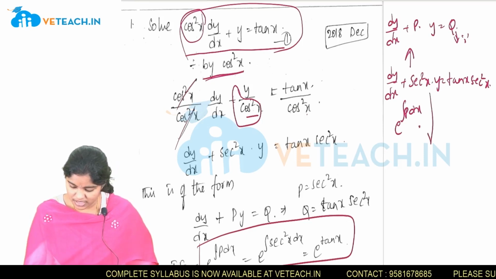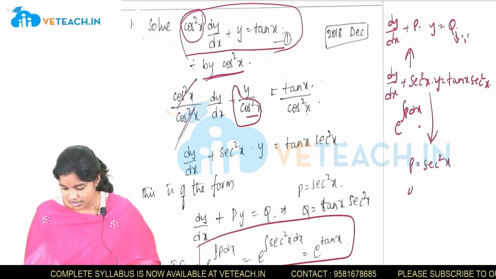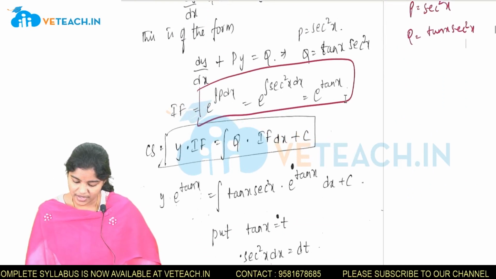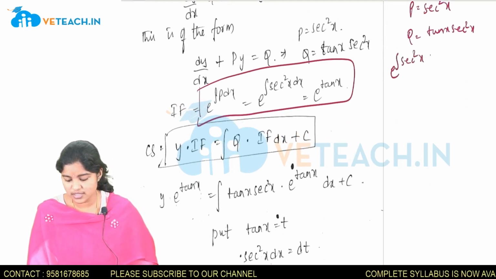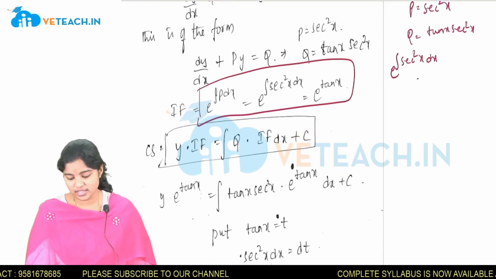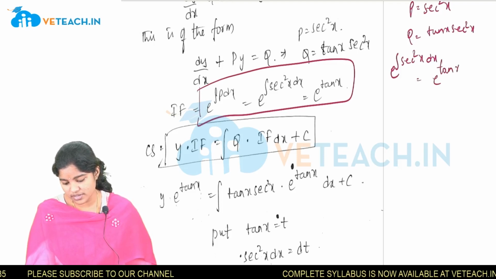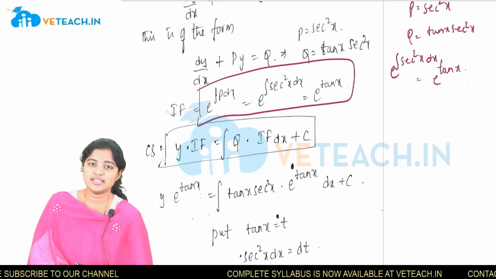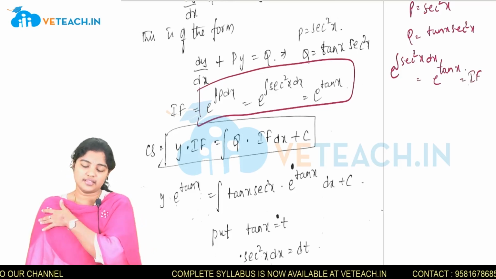What is P from the above equation? P is equal to secant square x, Q is equal to tan x into secant square x. Now IF is equal to e power integral of secant square x. Integration of secant square x is tan x. So the integration factor becomes e power tan x.